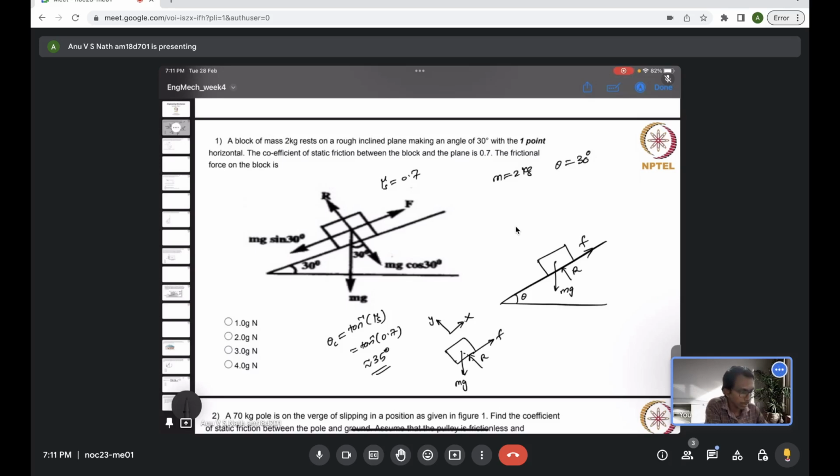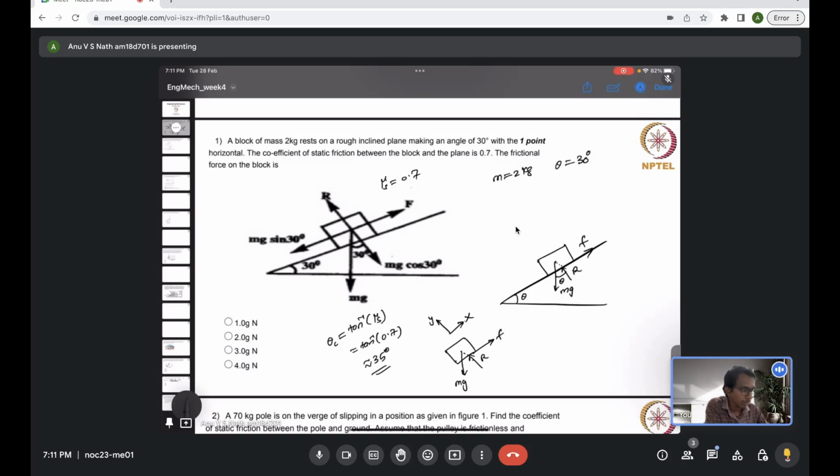If I do that, this angle is going to be theta. I think that's obvious for you, that the angle between mg and R is indeed theta.